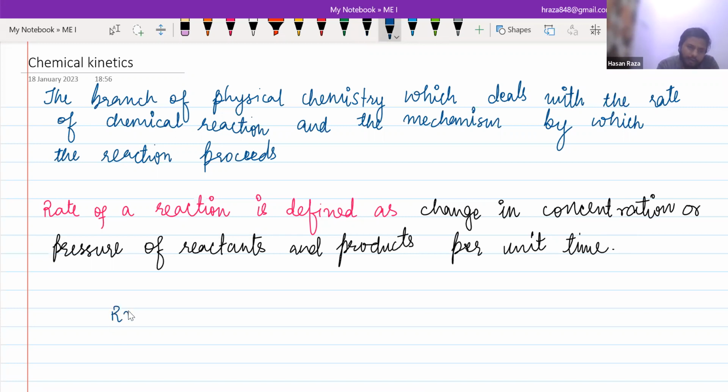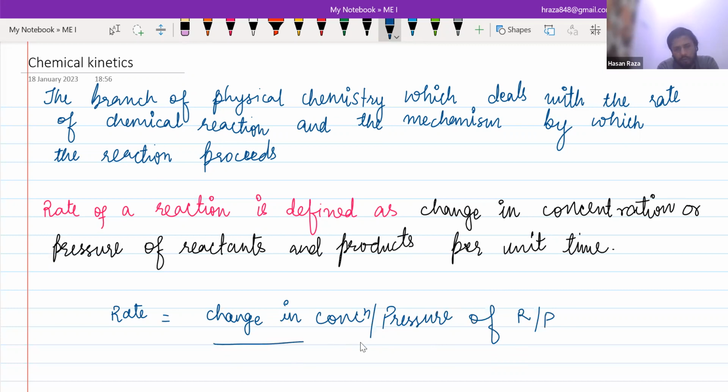So here I can write the rate is equal to the change in either concentration, or if it is in gaseous state, we deal with pressure, of either reactant or product, R for reactant and P for product, divided by time taken. And there will be a plus sign as well as minus.